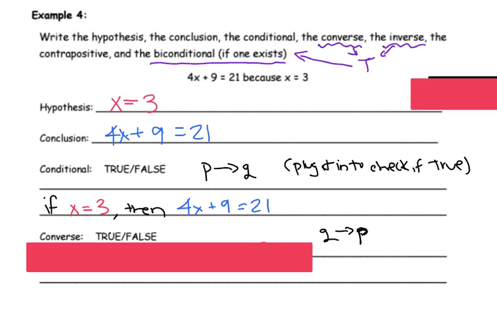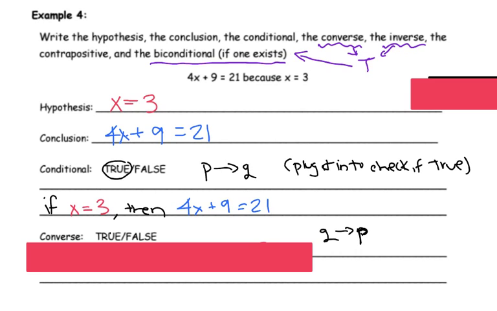Now the question here is, is this statement in fact true? Well, you can always plug it in. 4 times 3 plus 9 equals 21. 4 times 3 is 12. 12 plus 9 is 21. Because that's true, then this statement is true.